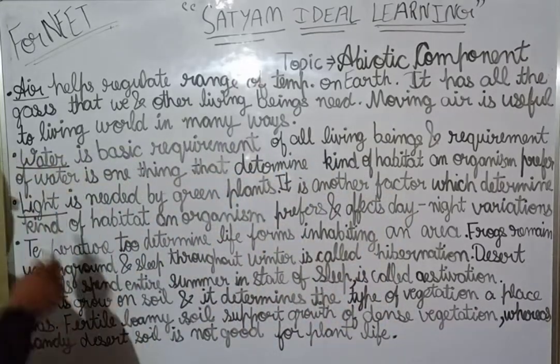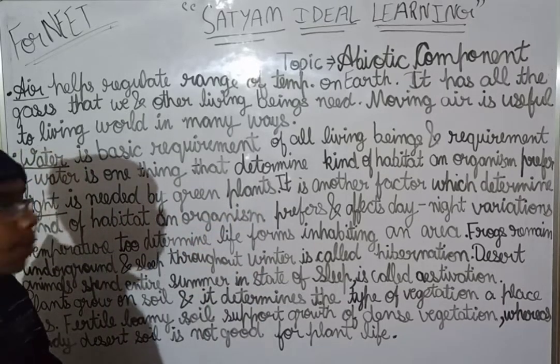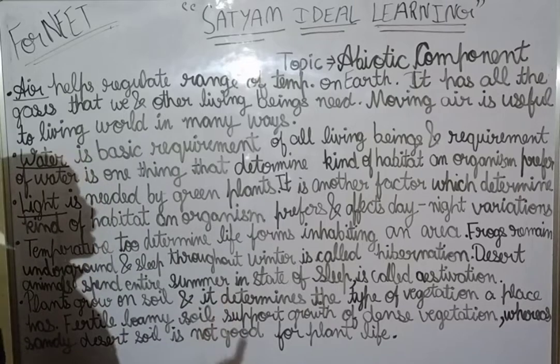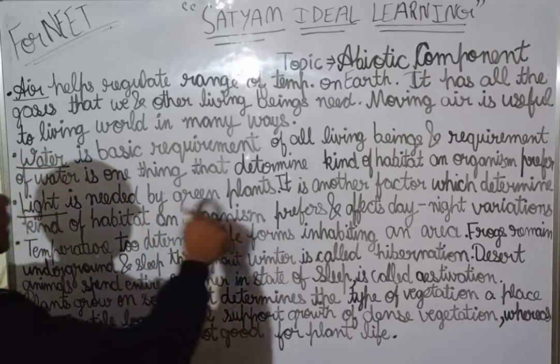Clear this thing? So light is needed by green plants. Green plants are also known as autotrophs. They are self-getting food: auto means self and trophos means getting food.